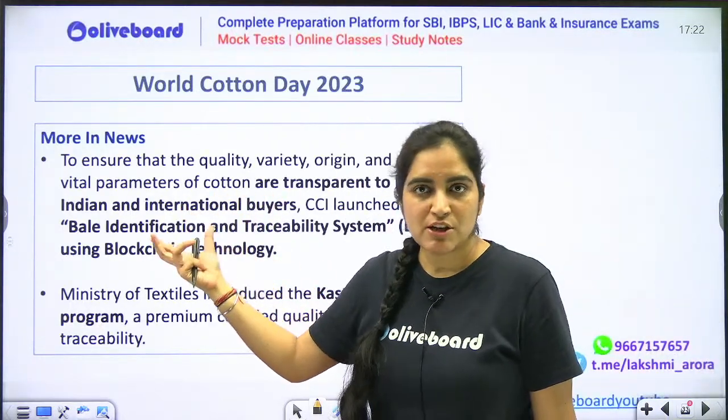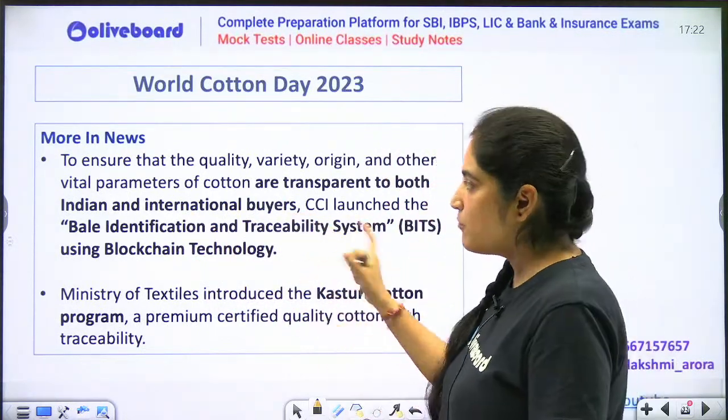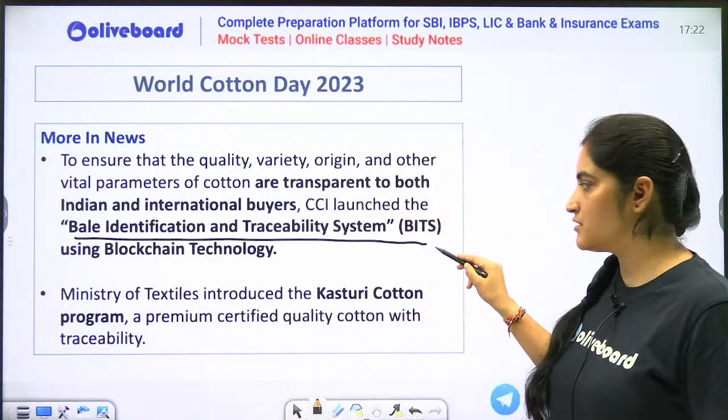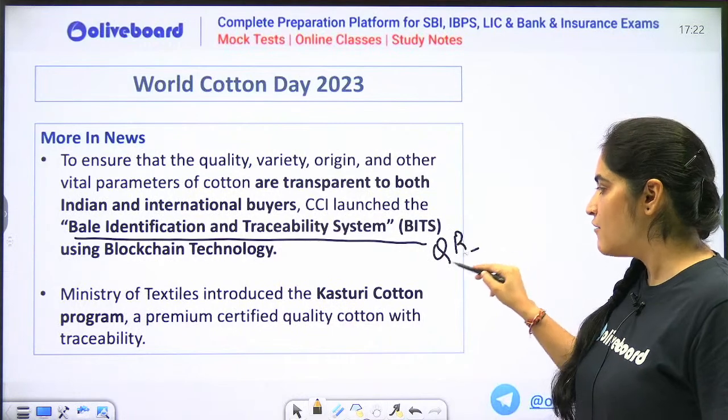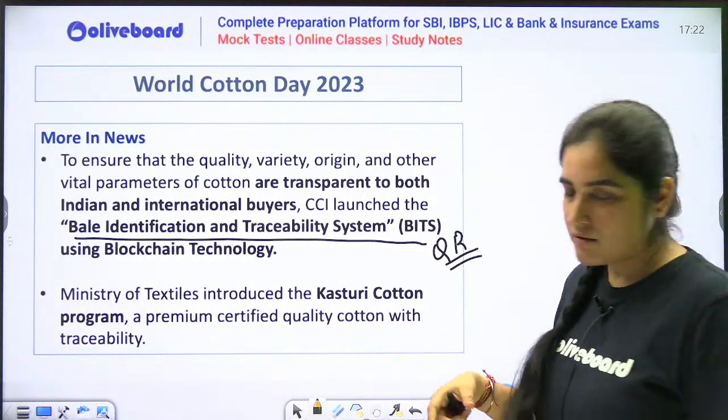What all the Ministry of Textile did was, for transparency for both Indian as well as international buyers, we have come up with this bail identification traceability system. It is basically a QR based system where we can see ye cotton ki crop, where it was grown and where we are.